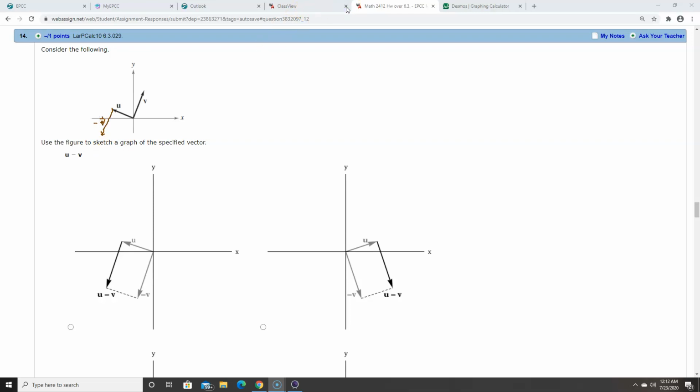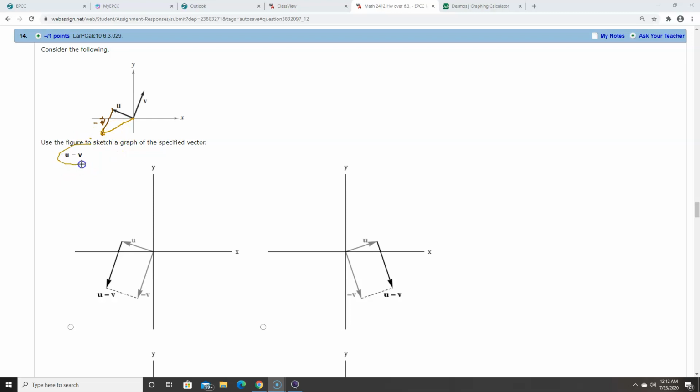And now the result is from the standard position to the tail to the terminal point of the second vector that you added on. You say, wait a minute, we subtracted, but you can think of it as an addition of the negative vector v. And now draw a vector from standard position to that terminal point. And here is the vector u minus v.